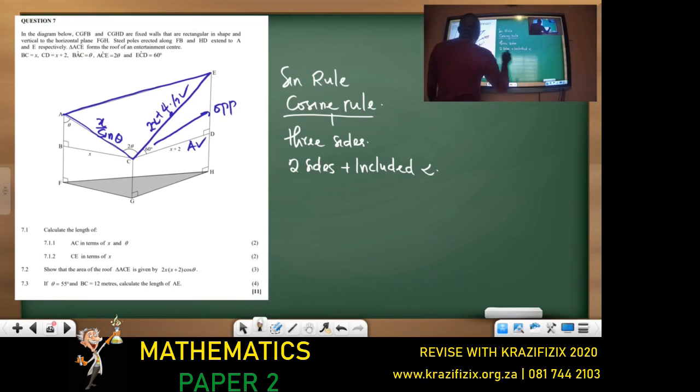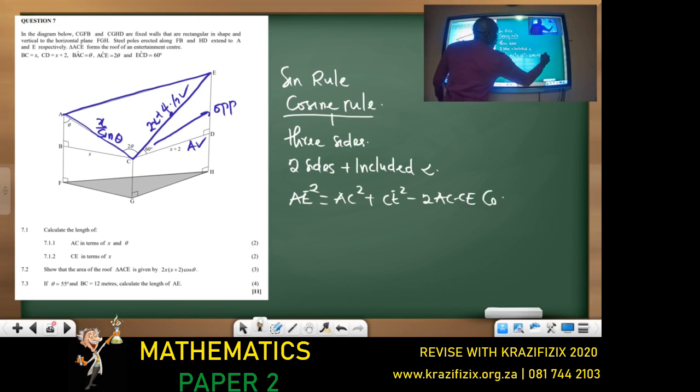Awesome. So I have 2 sides and an included angle. Okay, so I will then say AE squared equals the 2 sides squared, AC squared, plus CE squared minus 2ACCE cos of that angle, cos C, the angle facing the side.